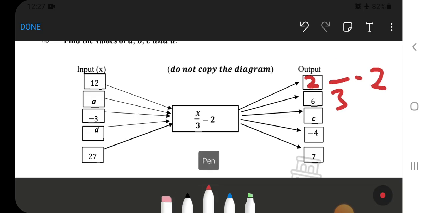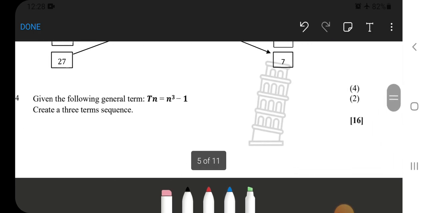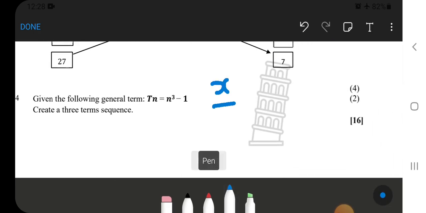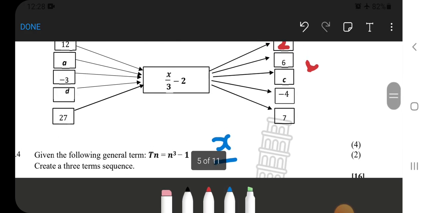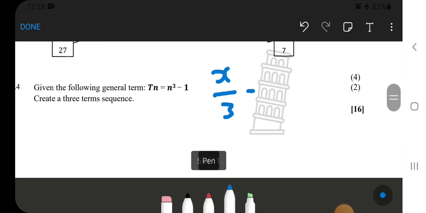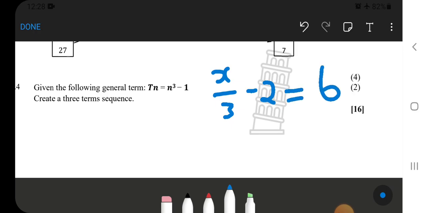And now we just have X for number A, and we have to solve for this X. But what we know is that the X over 3 minus 2 has to equal 6, right?